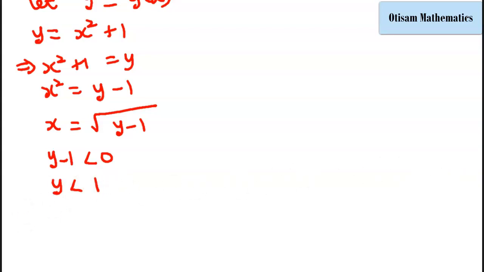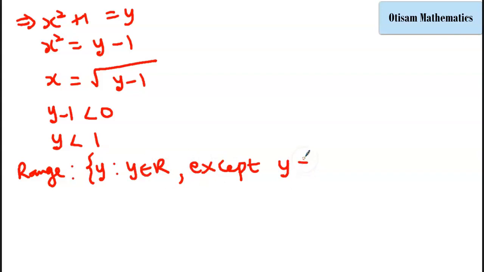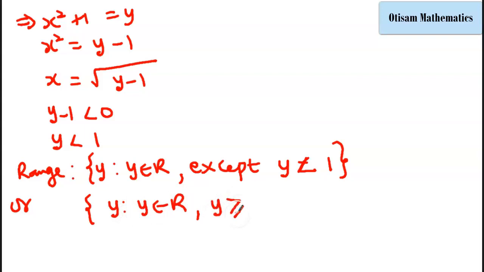So the range becomes y such that y is a real number except y is less than 1, or y is such that y is a real number, y is greater or equal to 1.